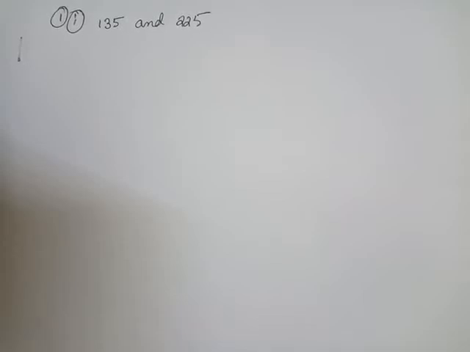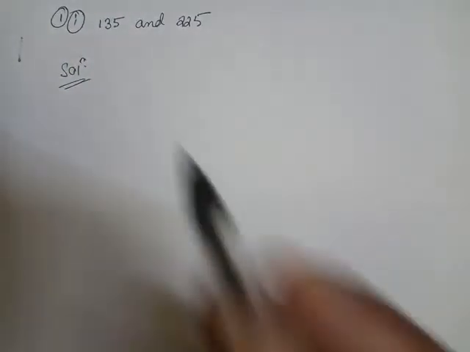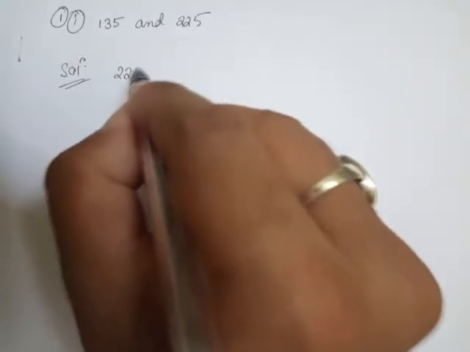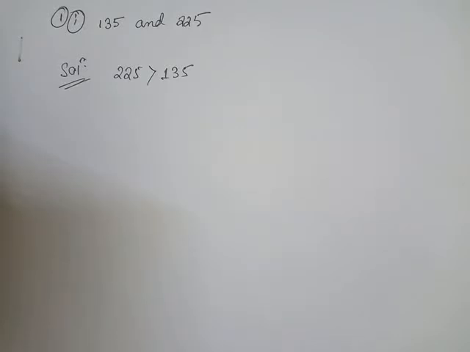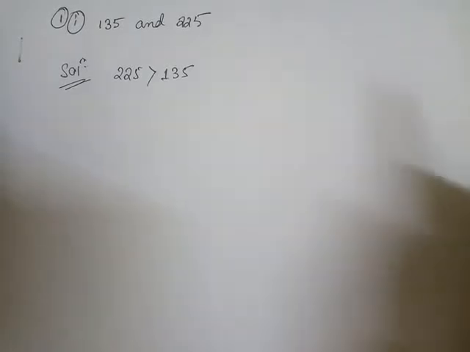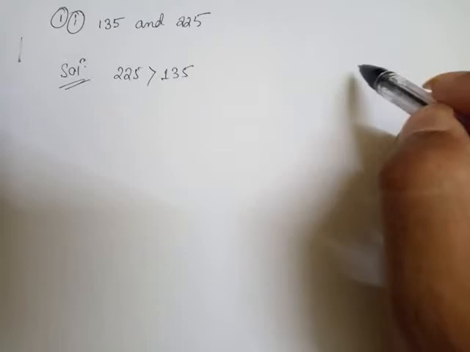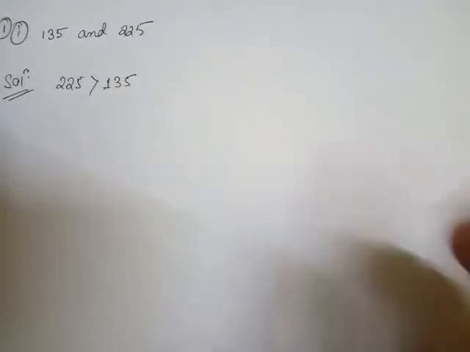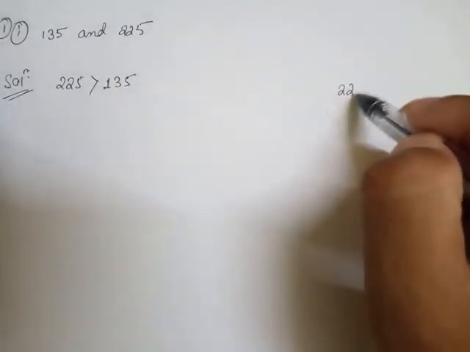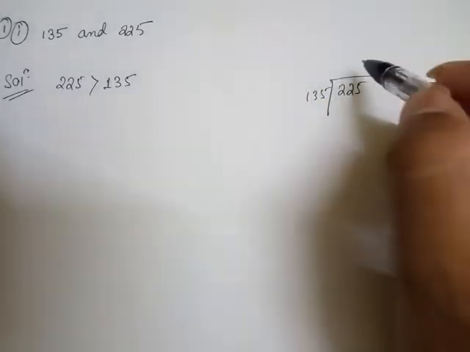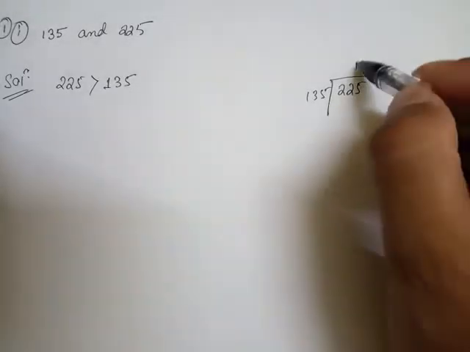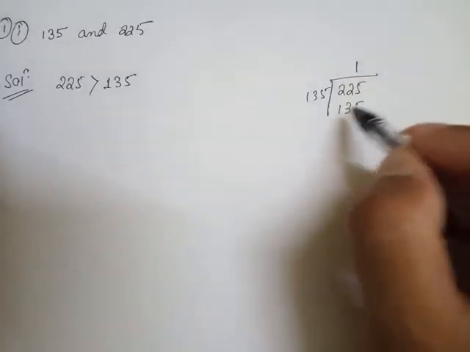So we'll write the solution first: 225 is bigger than 135. After that we'll go for the division by the side. Now I'm writing 225 divided by 135. Obviously this will go one time only, so 135.